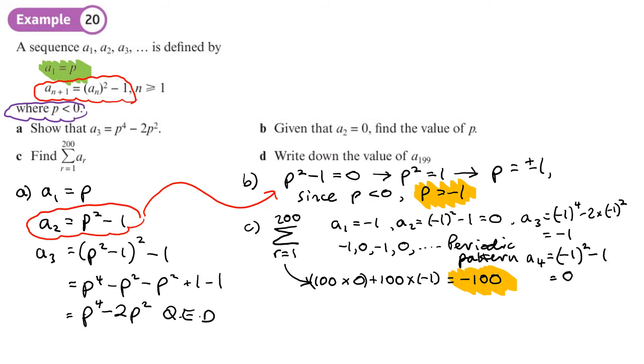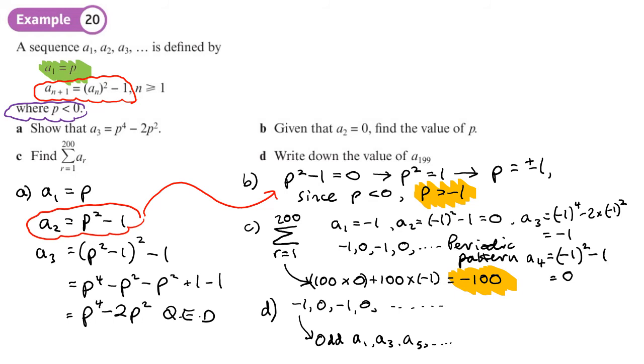And in part D, it says write down the value of term A199. Now, what do I notice about this pattern? Negative 1, 0, negative 1, 0, and so on. Well, all the odd numbered terms, so A1, A3, A5, and so on. Oops, A5, I said 5, I wrote down 3, not sure what that's about.